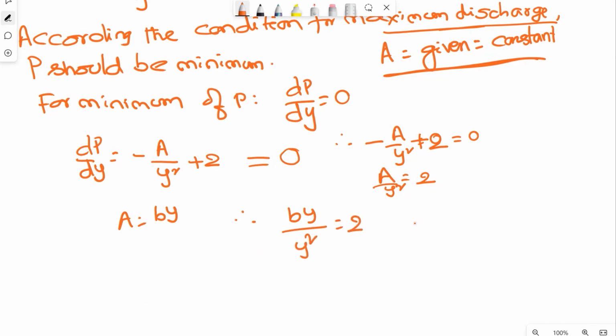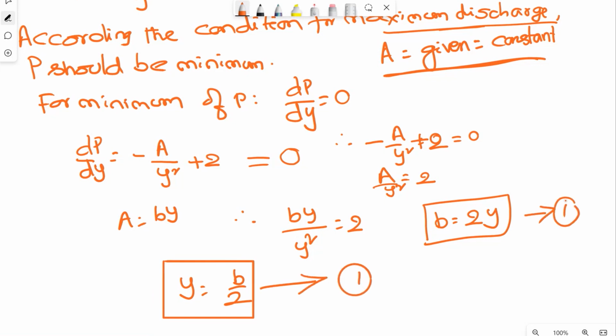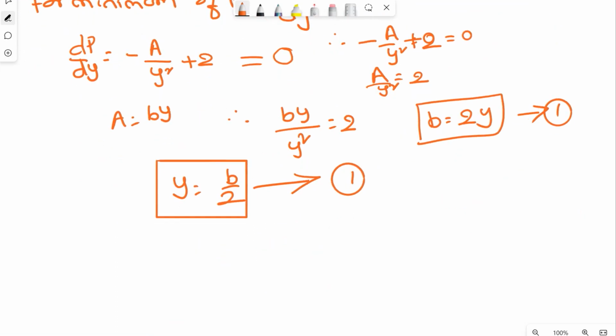Therefore, y cancels. That means what is the condition we get? b is equal to 2y, or depth of flow y is equal to b by 2. This is one of the conditions actually. So how can we write it?